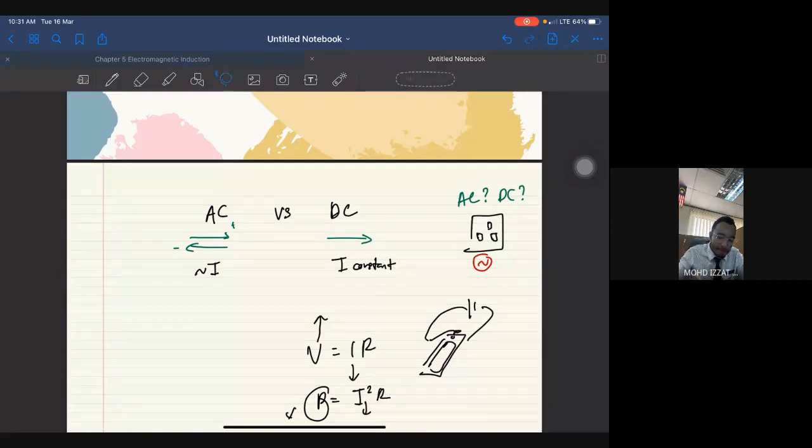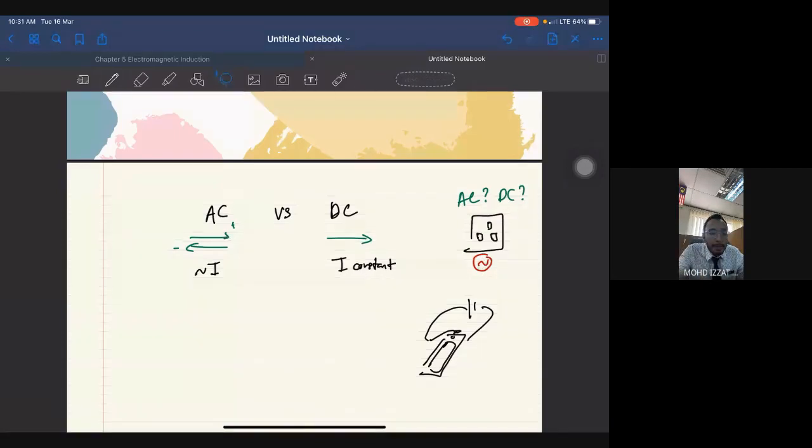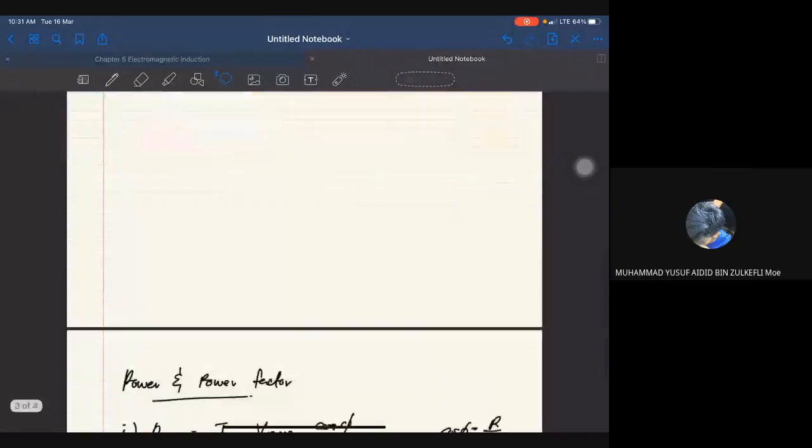Why do we use alternating current? A long time ago, there was a war between the inventors of alternating current and direct current. So who created alternating current? Nikola Tesla.